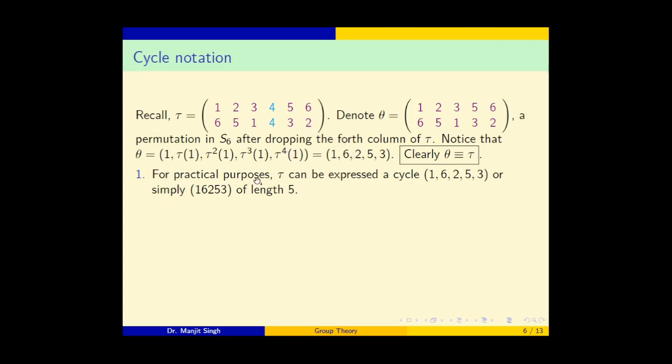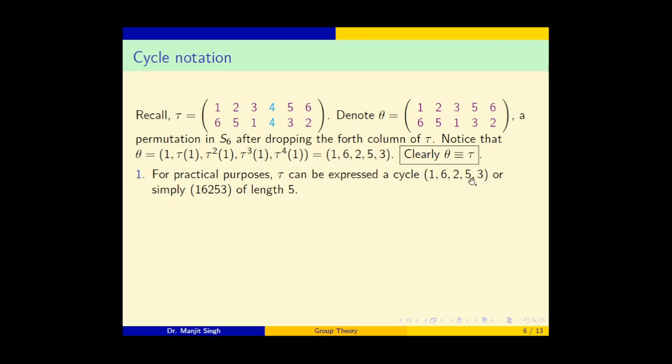Now for practical purposes, tau can be expressed as a cycle. In this way, when we leave 4, it becomes a cycle. For practical purposes, instead of this Cauchy notation, we can write in a single row 1, 6, 2, 5, 3. It means that 1 has image 6, 6 has image 2, 2 has image 5, 5 has image 3, and 3 has image 1.